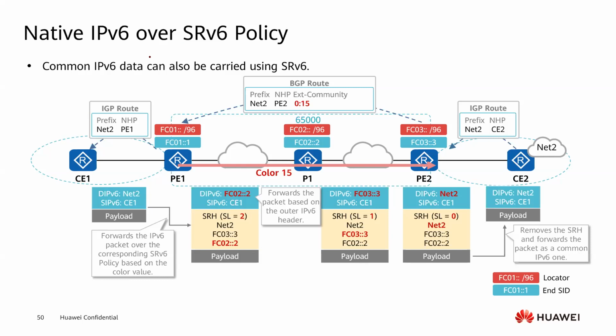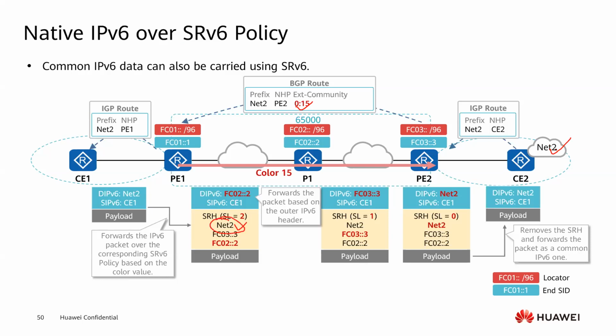For native IPv6 we can also use SRv6 policy to carry the traffic. Basically, the P1 will also carry the color, but no RT because it's native IPv6. And the P1 will add the policy SRH. You can see the last hop is this.